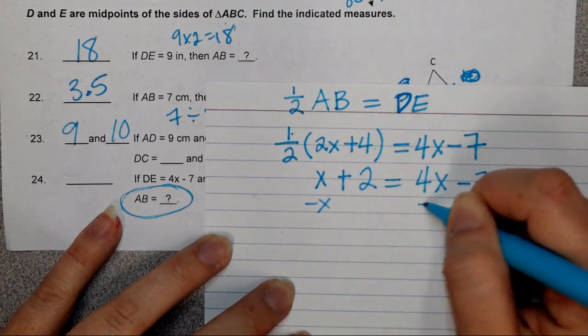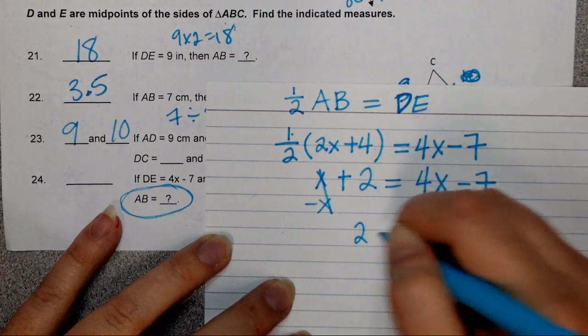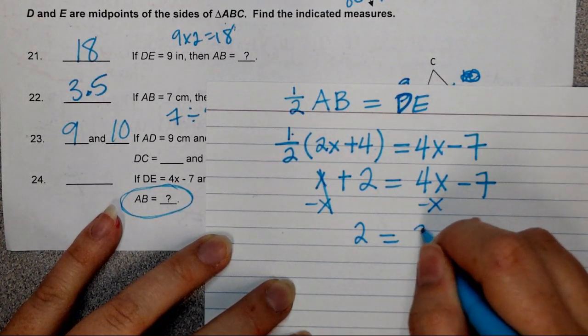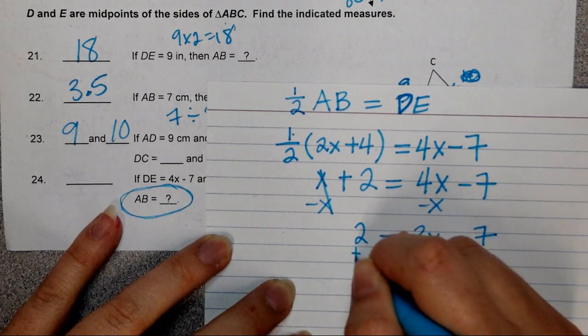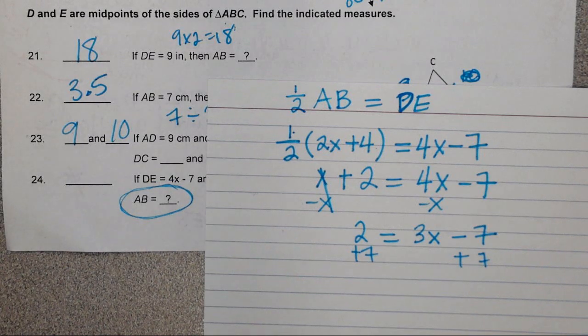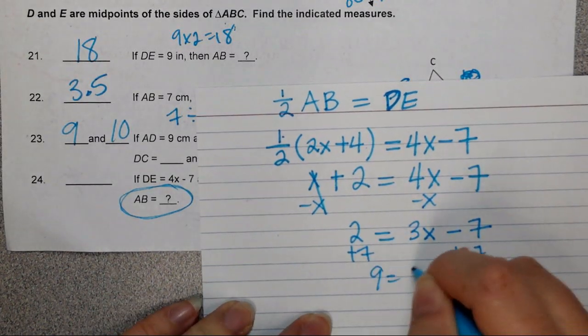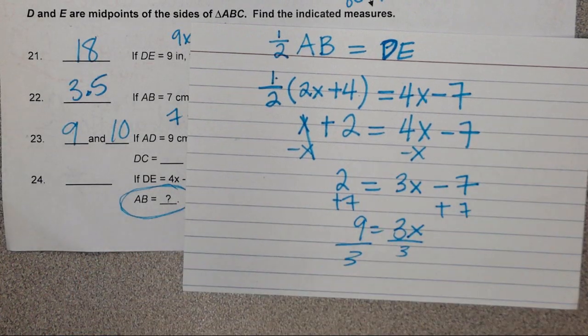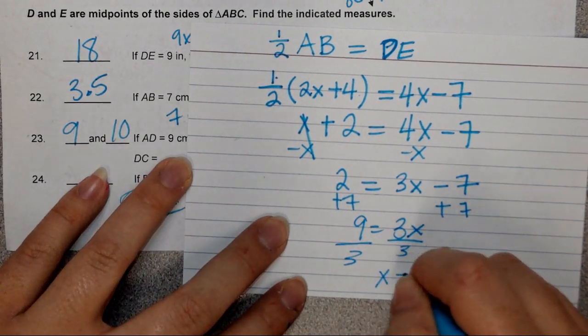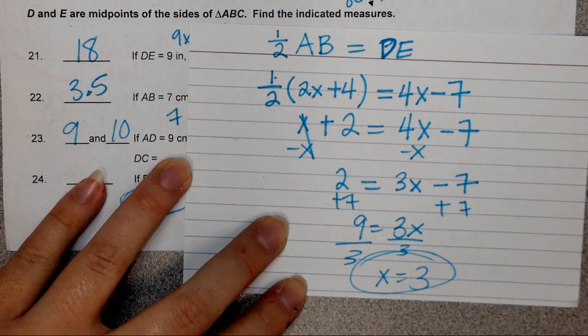And now I can start solving algebraically. So I'm going to minus x, we get 2 is equal to 3x minus 7. Add 7. So 9 is equal to 3x. Divide by 3. So x is equal to 3.